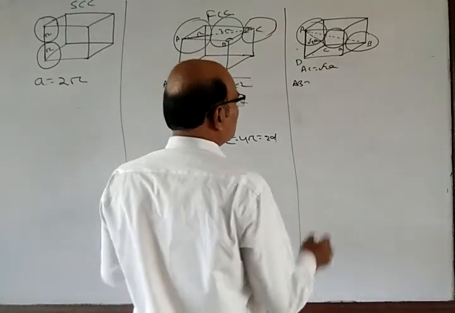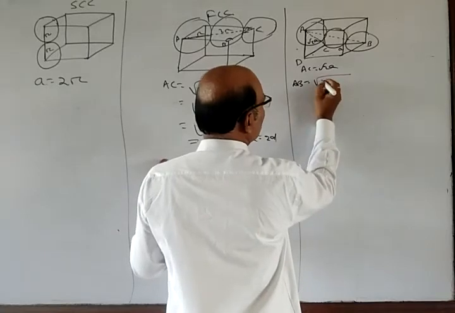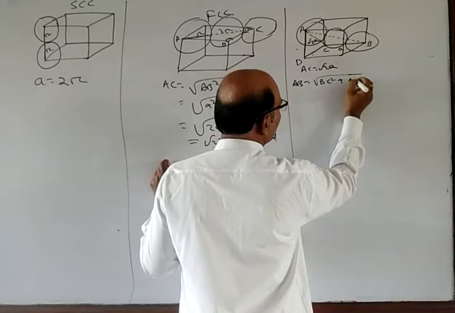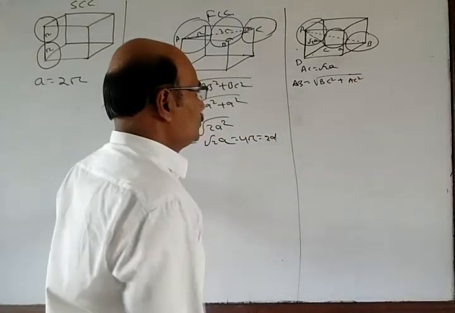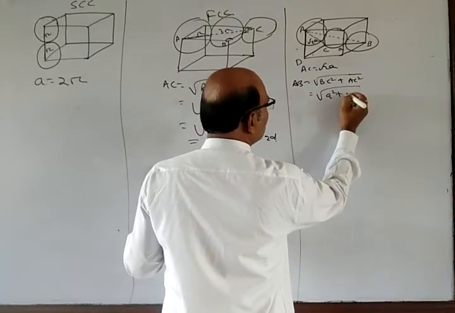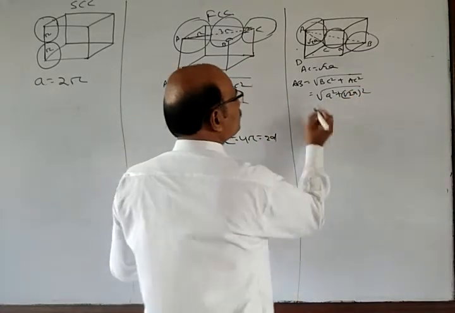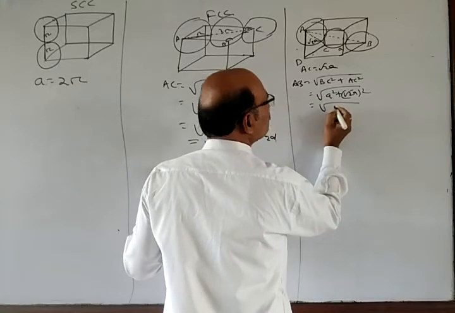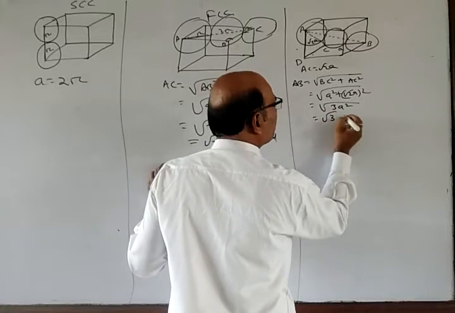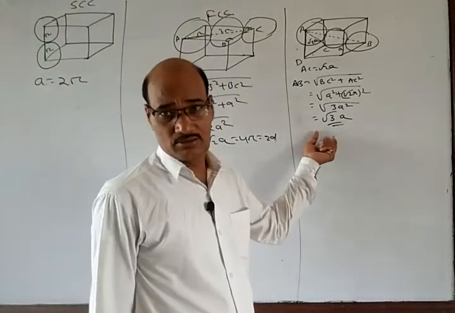So we get AD equal to the root of BC squared plus AC squared, which is the root of a squared plus root 2 a squared, equal to the root of 3a squared, which is root 3 a. So AD is root 3 a here, right?